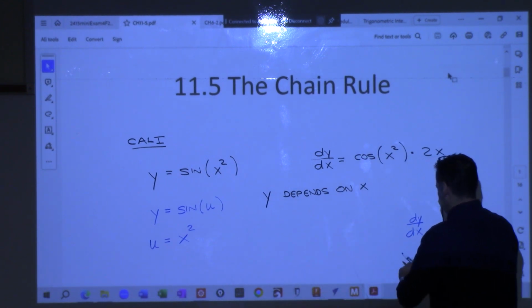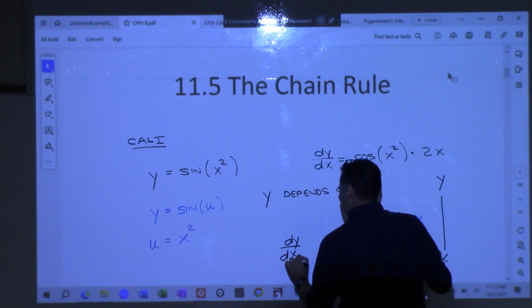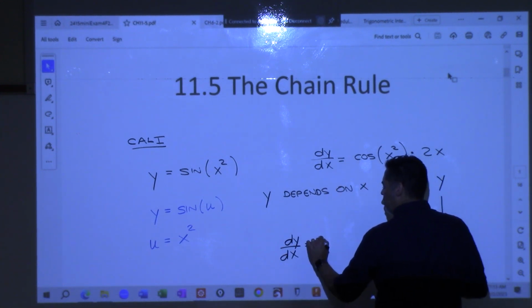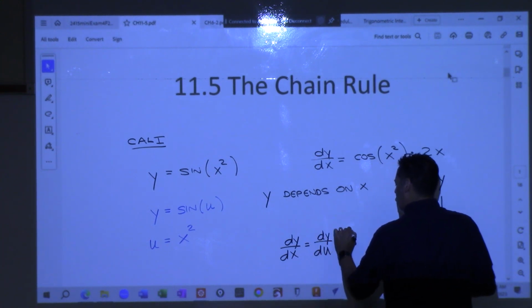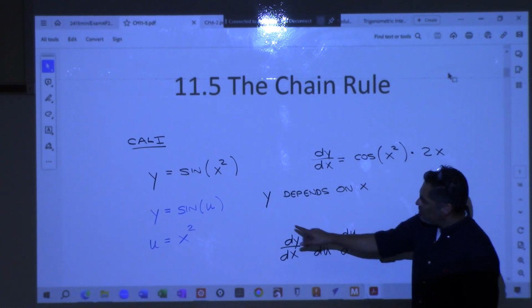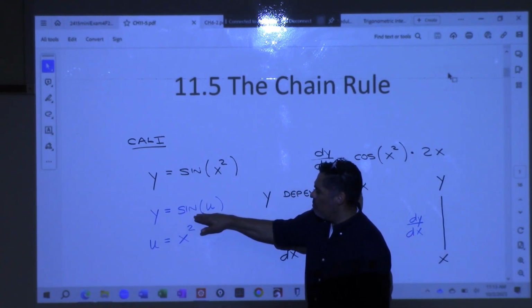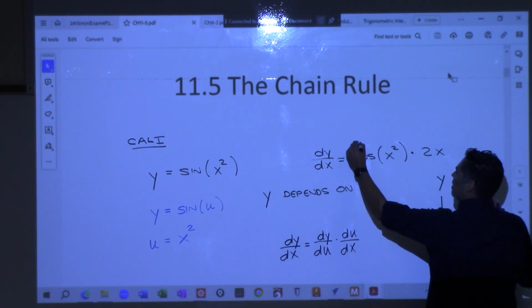So when we write dy dx here, the chain rule says this will be dy du times du dx, saying that if we take the derivative of this with respect to u, what's the derivative of this with respect to u? Cosine u, right? Isn't that what this is?